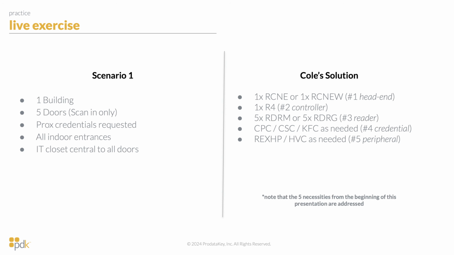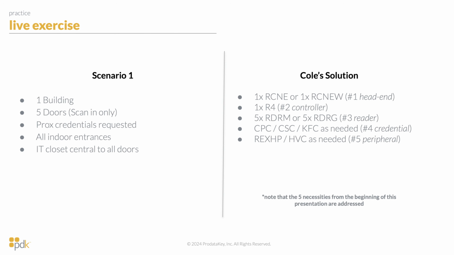And then finally, we have our peripherals, which are going to be the REX or the high voltage converter, if needed. I put those down on all of these just in case we do end up needing any of those. So you'll note that all 5 necessities have been met: the head-end controller, reader, credential, peripheral. If you have met all 5 or have considered all 5 of those necessities, you probably have a full configuration.